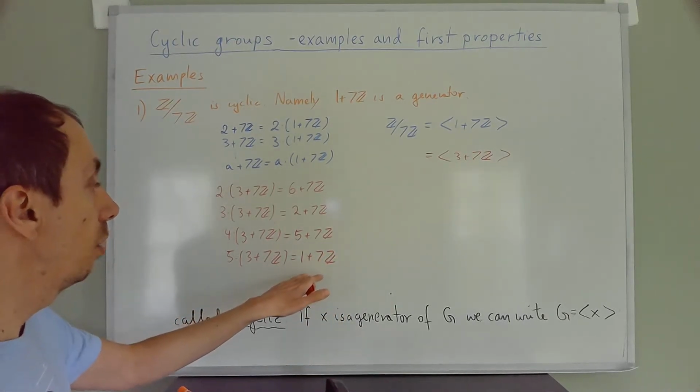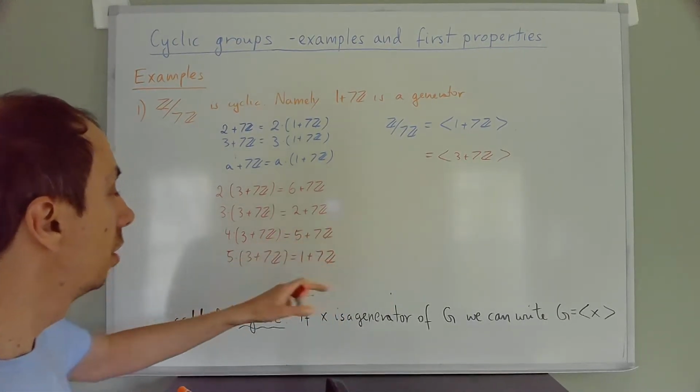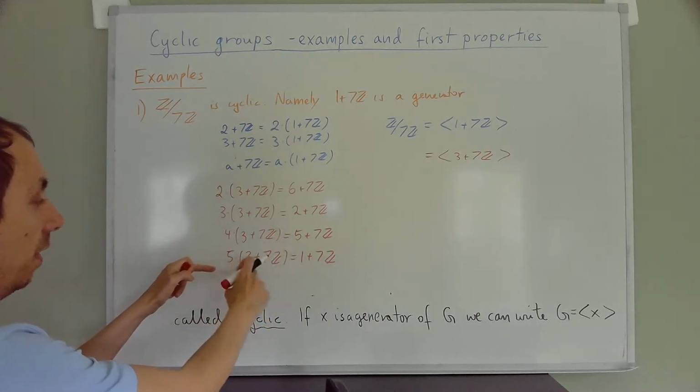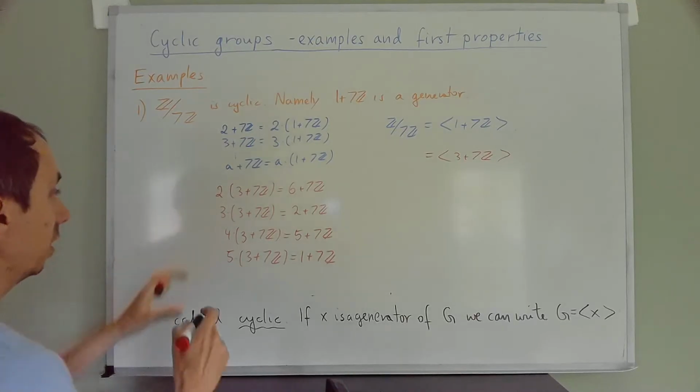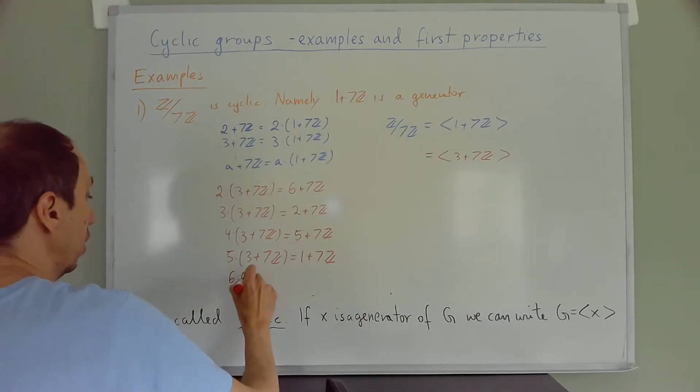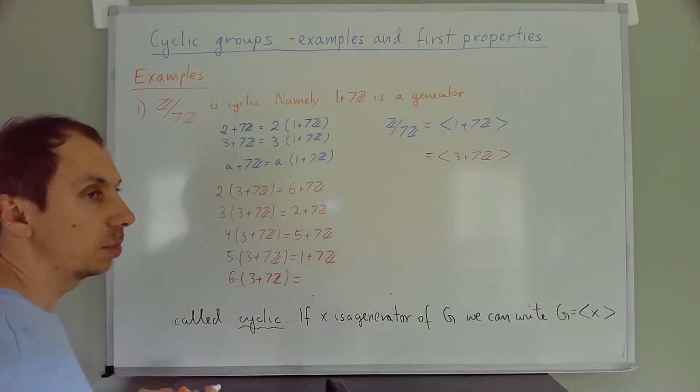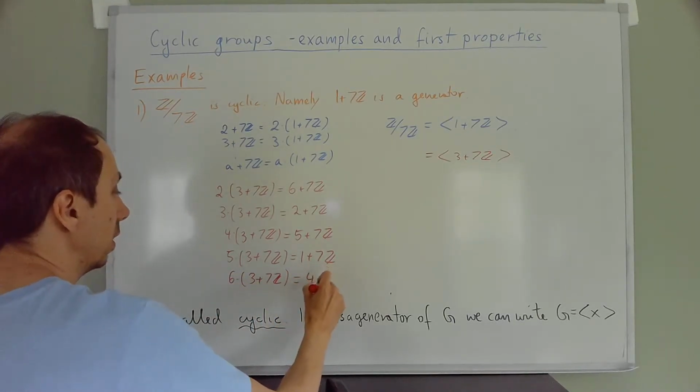Well, once I actually get to 1 plus 7Z, I already know this is a generator. So if I just take multiples of 3 plus 7Z, I can get everything. But since the list isn't so long, I can just do this one more time. So 18 plus 7Z, that's 4 plus 7Z.